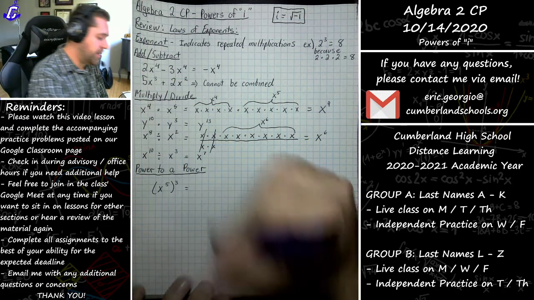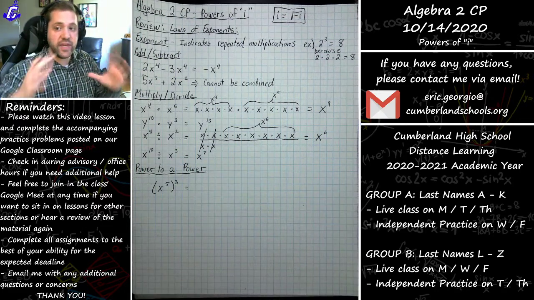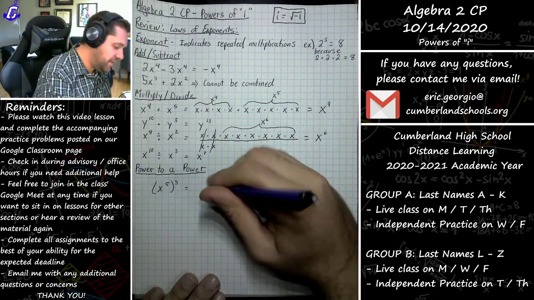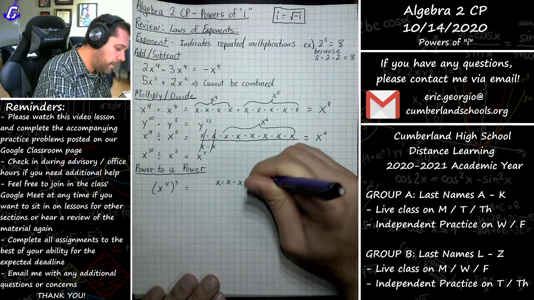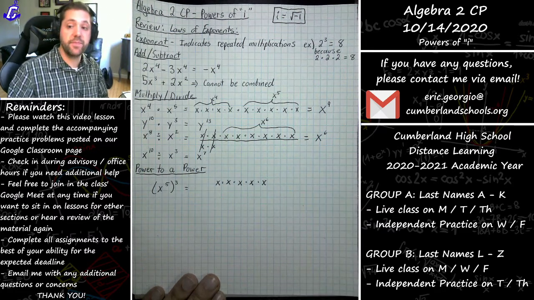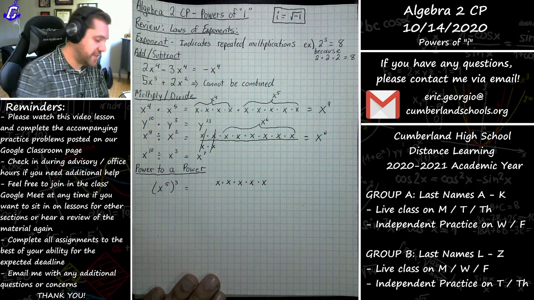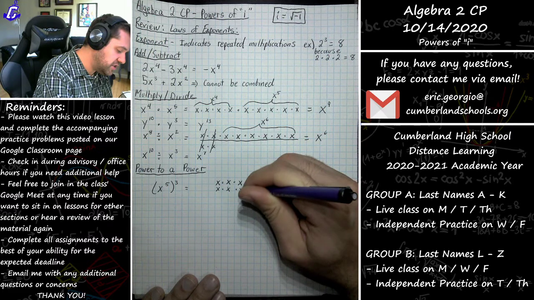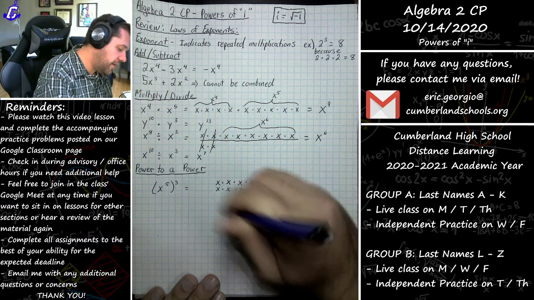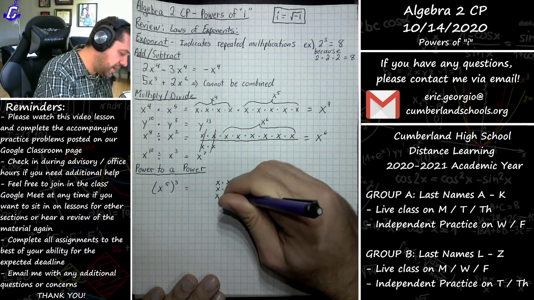X to the 5th to the 3rd means essentially I have 3 sets of x to the 5th. I have x to the 5th, here it is, 3, 4, 5, multiplied by itself 3 times. So that means I have another x to the 5th in the same multiplication chain, and another x to the 5th in the same multiplication chain.